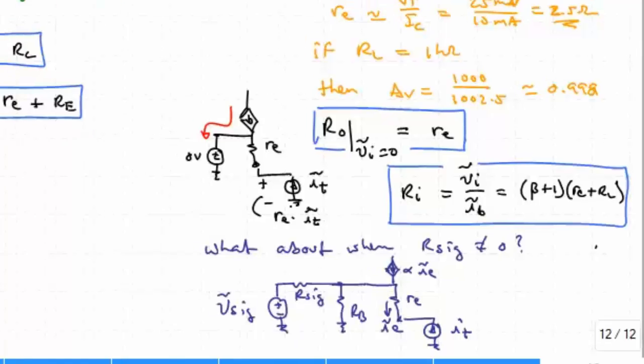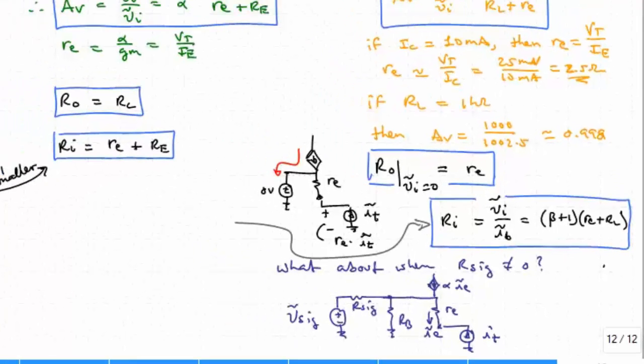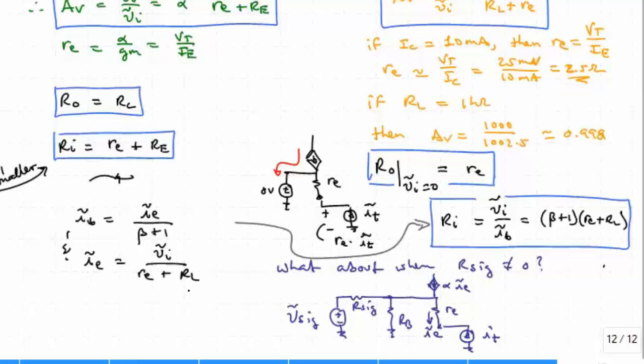Let's do it here. IB is going to be equal to IE divided by beta plus 1. And IE we found to be equal to little VI over the two resistors in the emitter, little re and then the load.